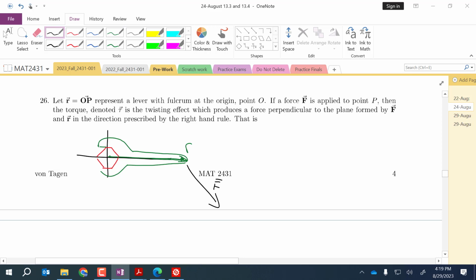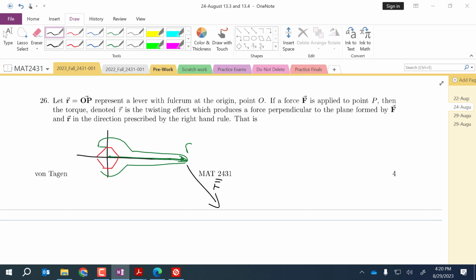That force just has a magnitude and a direction. By the way, this would not be the ideal force to apply to generate the most torque. What should be the direction for this force to generate the most torque? It should be perpendicular to it, straight down. That'll generate the most torque.